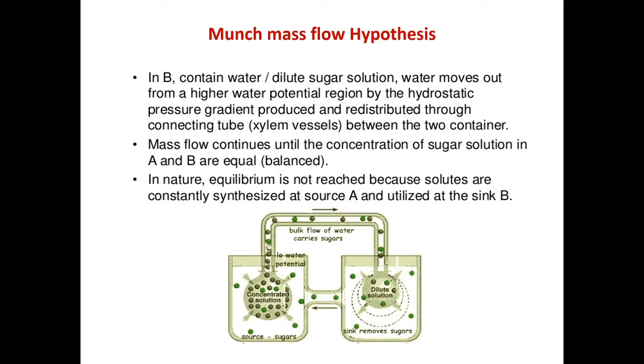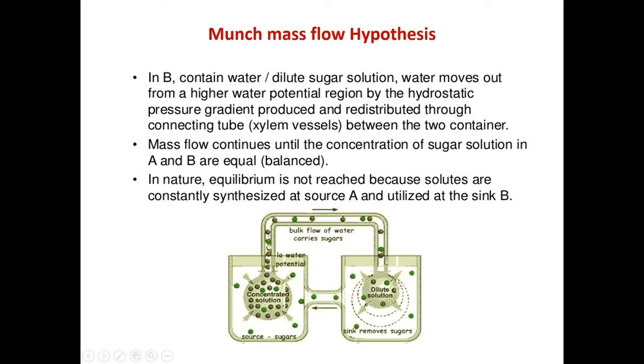So immediately from the container, the water molecules enter into the osmometer A. We already said that they are differentially permeable and they will allow the water to enter. So the water enters into the osmometer A. As a result, there develops a turgor pressure. Okay, so turgor pressure develops here, and this turgor pressure flows through this tube to the other side.